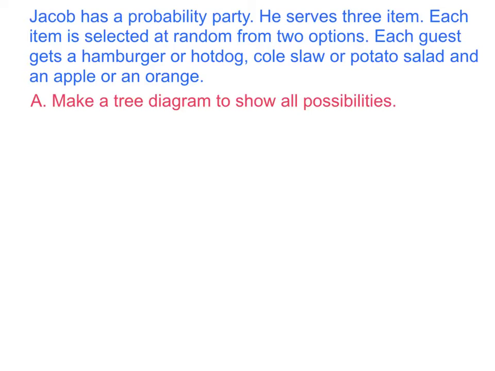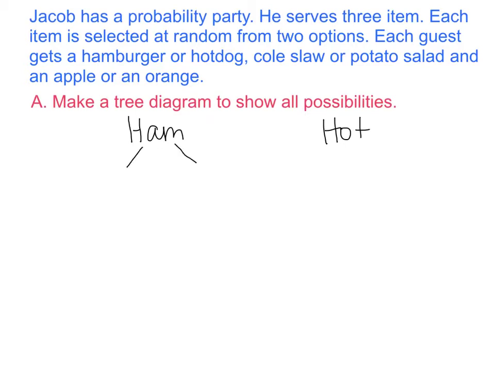So he can choose to make a hamburger or a hot dog. So I'm going to abbreviate. And then after they choose that, if they get a hamburger, they can have coleslaw or a potato salad. Then each option gets an apple or an orange. The same for a hot dog.